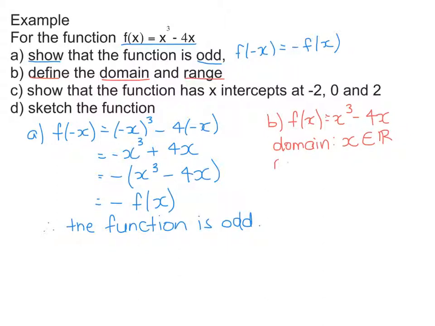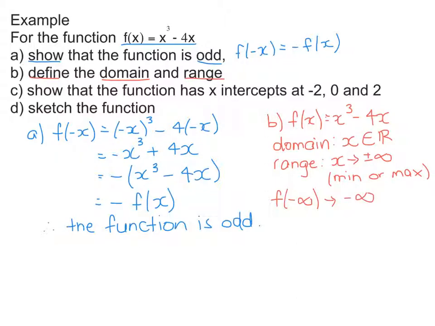For the range of our function, this is most easily found by observing what happens at the end points of our graph, or as x is heading to positive and negative infinity, as this will tell us whether there are any minimum or maximum values that our curve achieves. For our equation, as we substitute very large negative values into our function, y heads towards very large negative values.